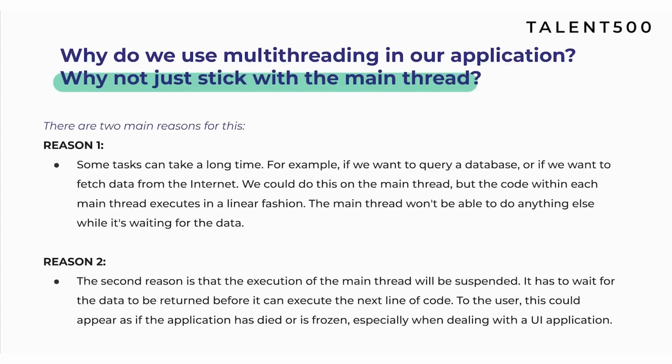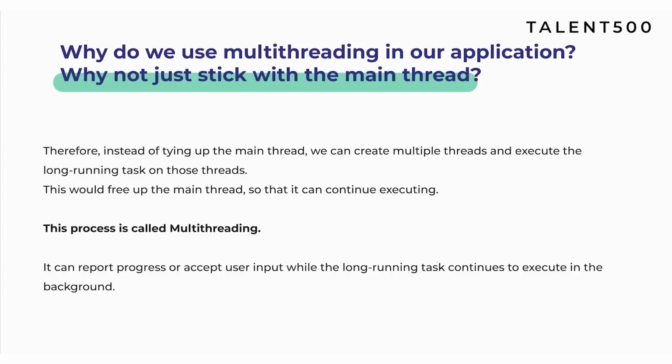That particular moment will appear to the user as a hanged screen or dead screen, and that is where multi-threading comes in, where we use background threads for the processes which take a long time, so that the user will not feel any interference and further lines of the code can be executed simultaneously, which will free the main thread, and this process is called multi-threading.